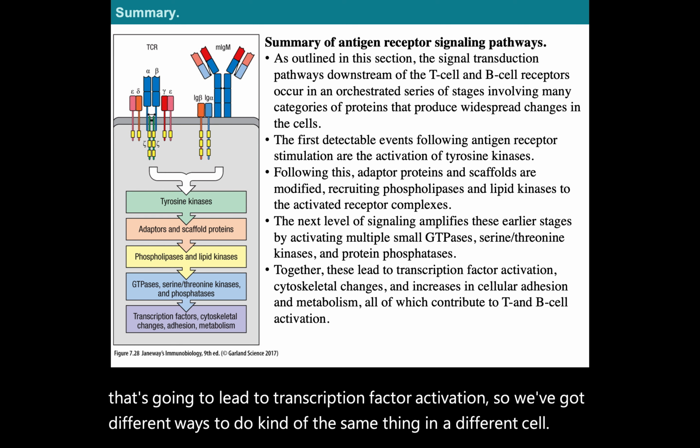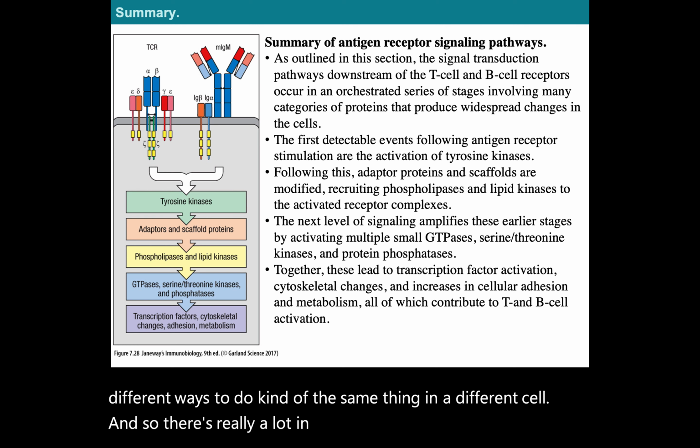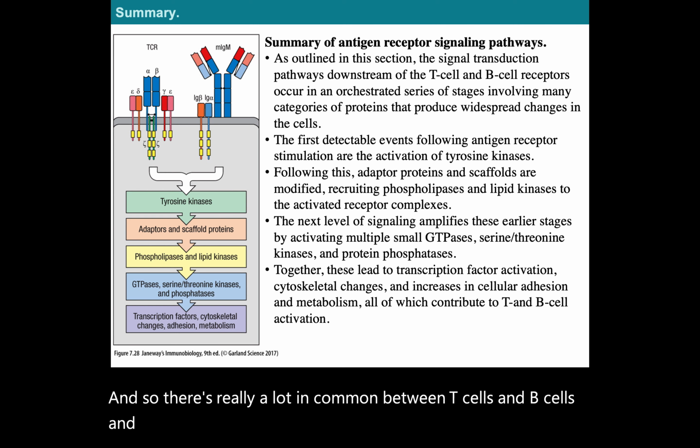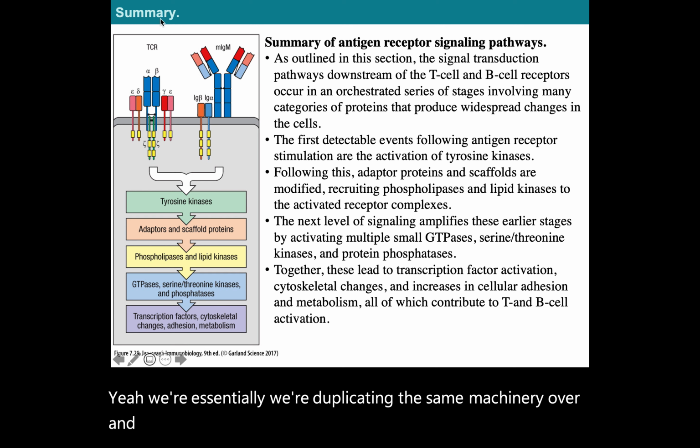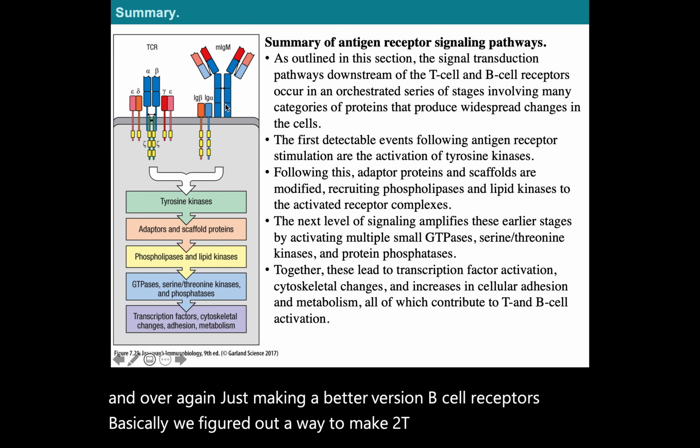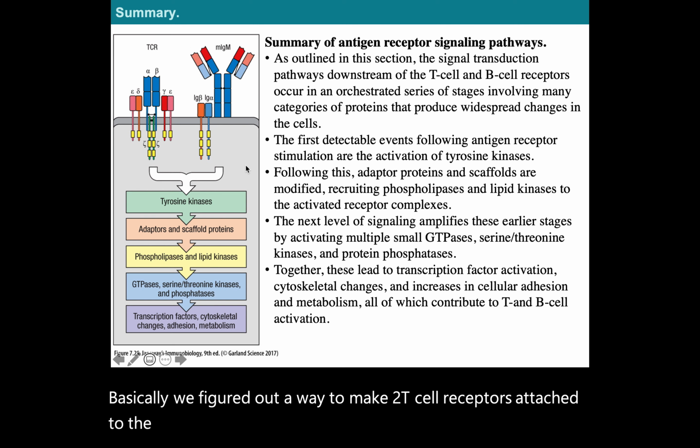And so there's really a lot in common between T cells and B cells. And you can imagine an evolutionary path where we are essentially duplicating the same machinery over and over again, just making a better version. B cell receptors, basically, we've figured out a way to make 2 T cell receptors attached to the same little stalk, which is neat.